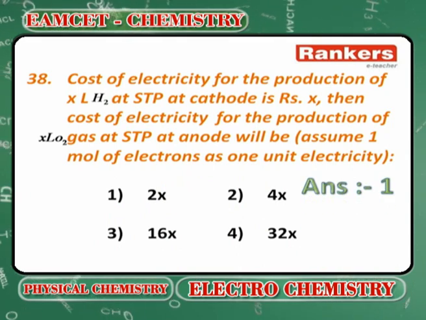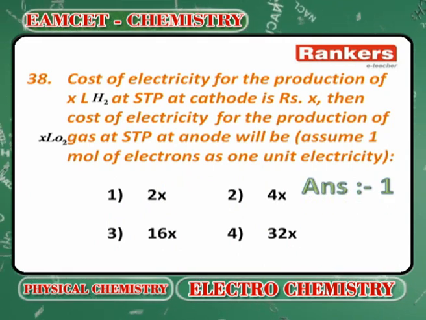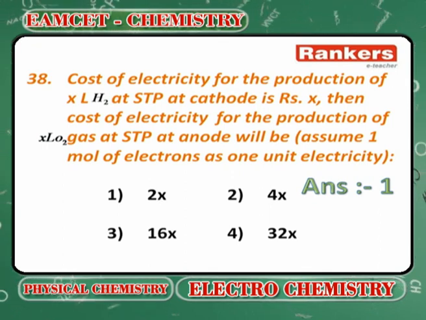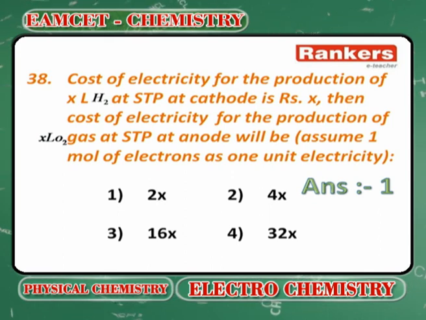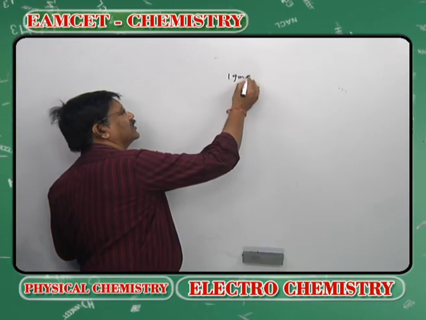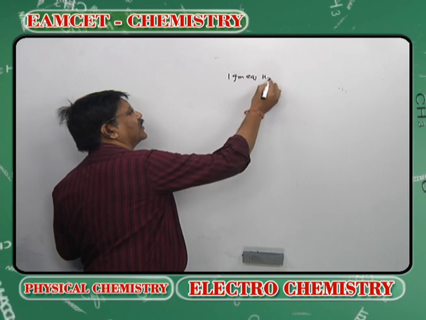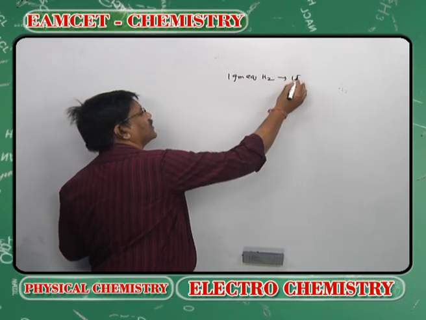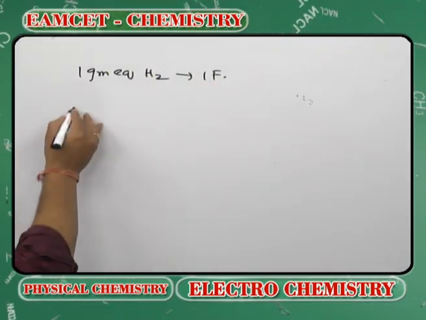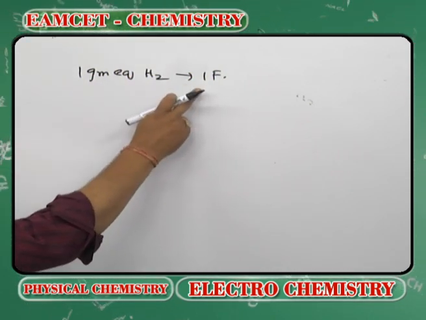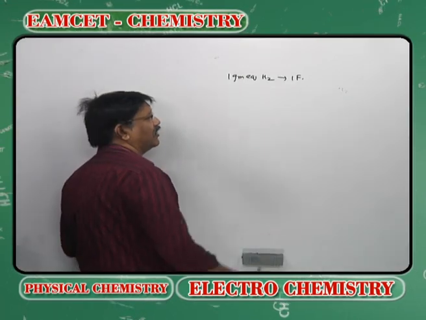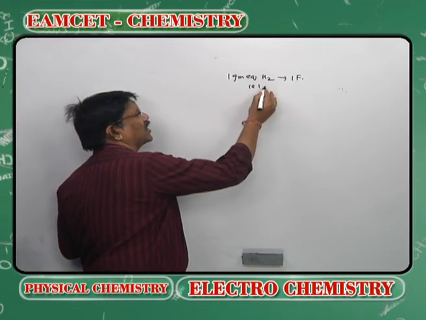Next, the cost of electricity is always inversely proportional to the equivalent weight, because to produce 1 gram equivalent of hydrogen, 1 Faraday is required. With 1 Faraday, we can produce 1 gram equivalent weight of hydrogen, that is 1 gram.